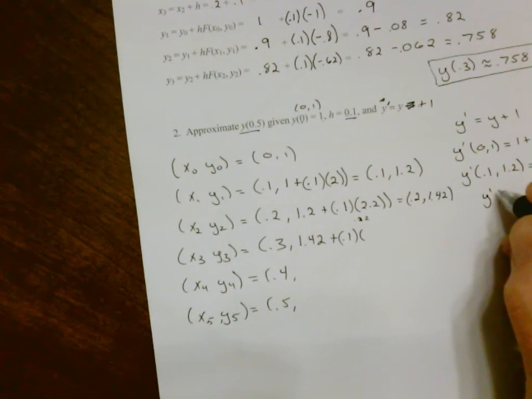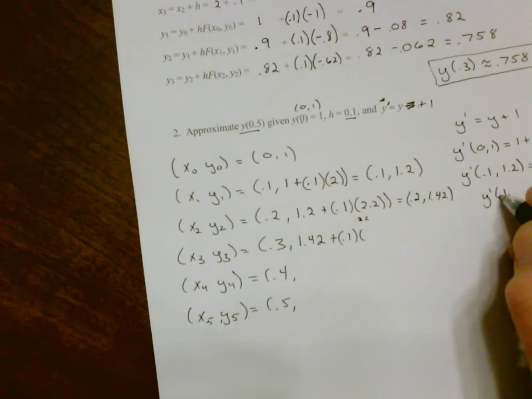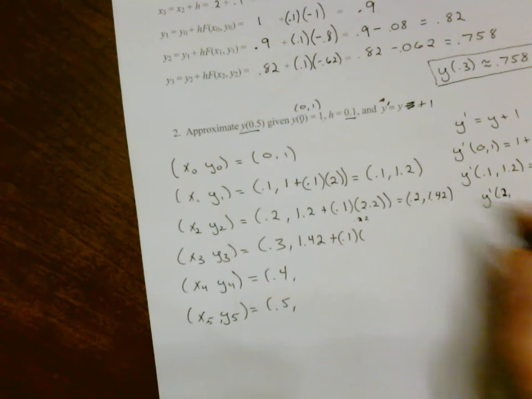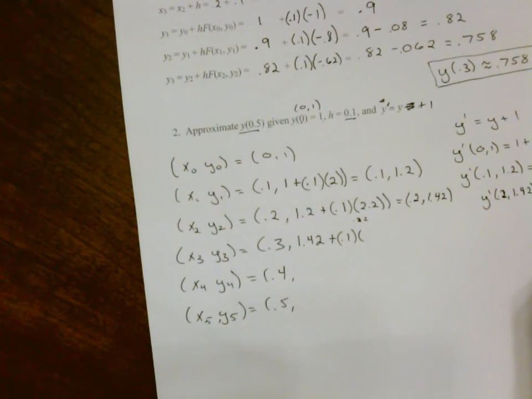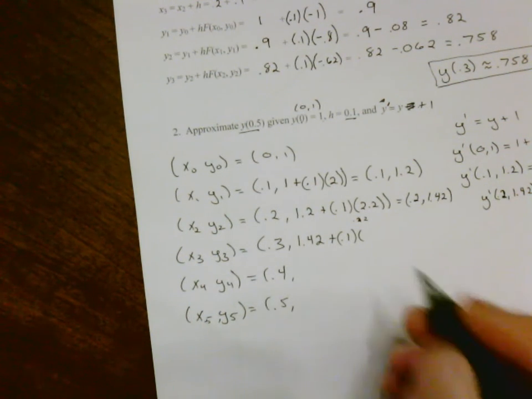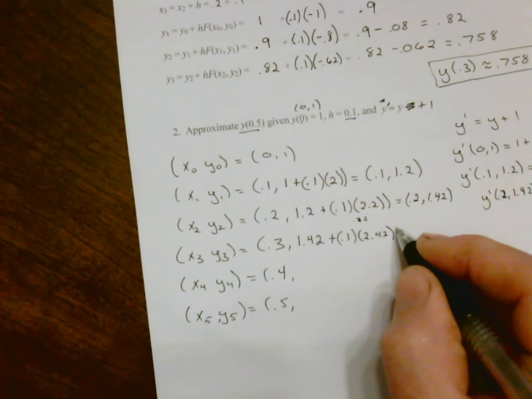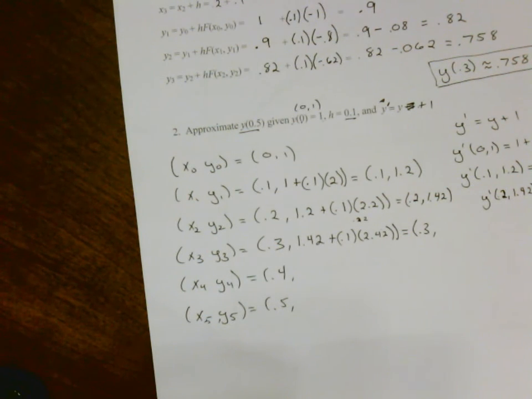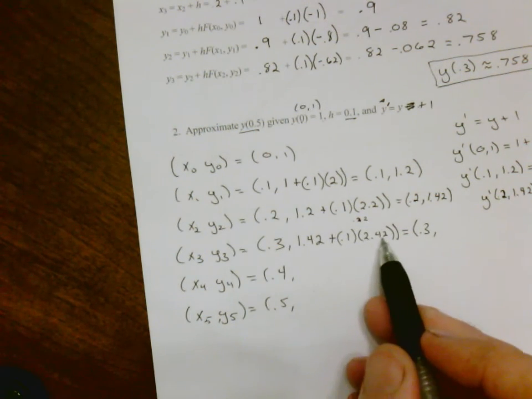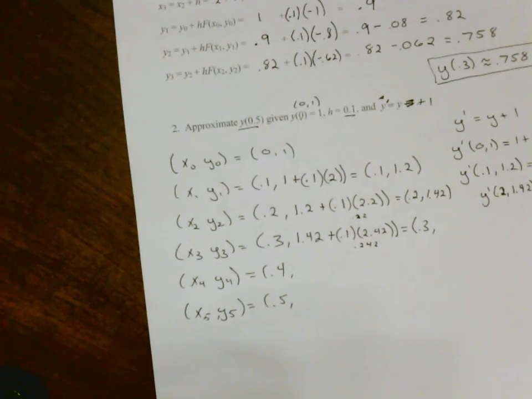So we have y prime of 0.2, because the prior location is right here, comma 1.42, which is going to be 1.42 plus 1, which gives you 2.42. Okay, now I'm going to really start using a calculator here to ensure that I'm not making a mistake. So 0.1 times 2.42 is going to be 0.242. And you add it to here.